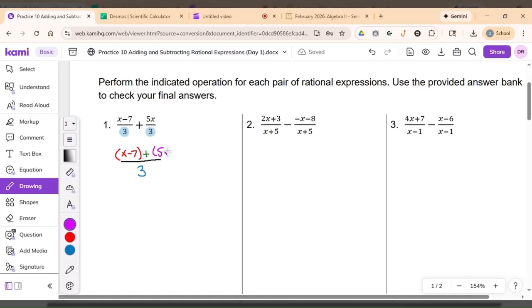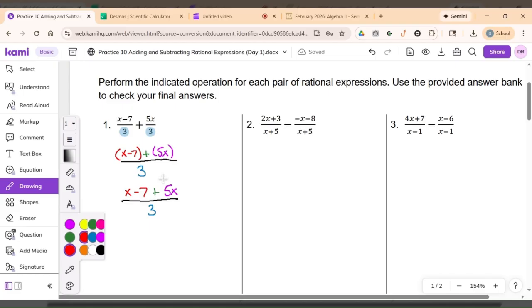Okay, now when we do this, we're thinking through, we have our two fractions and we want to add them together. Since we're adding, just like we saw in the notes, adding is not going to change either numerator. So what we can do is rewrite this without those parentheses. So we have an x minus 7 plus a 5x. With those two things, we just need to combine our like terms.